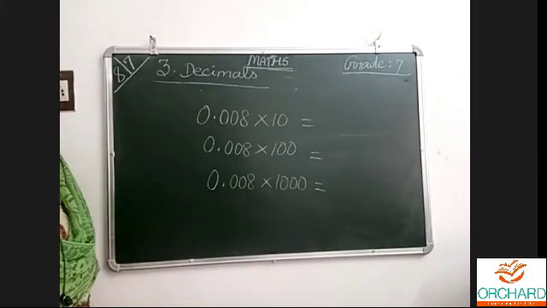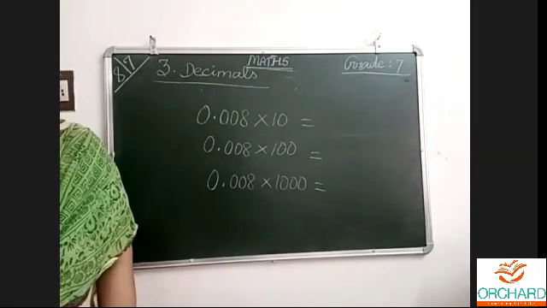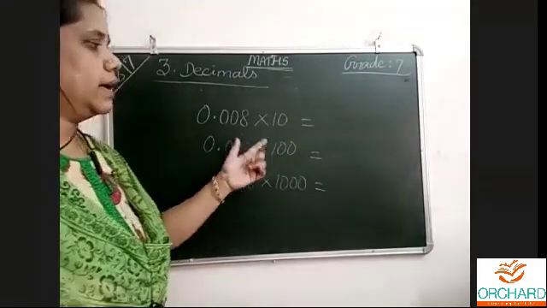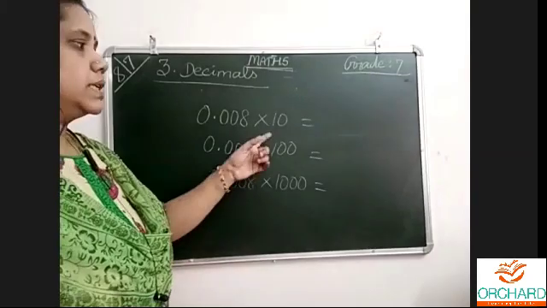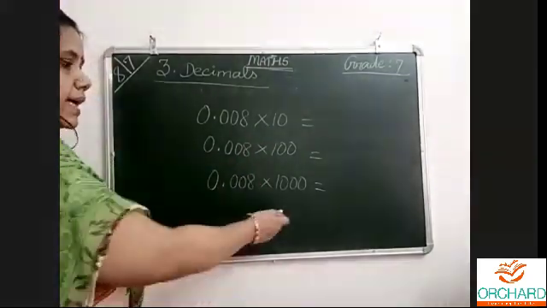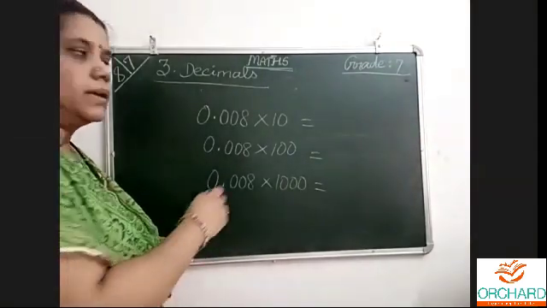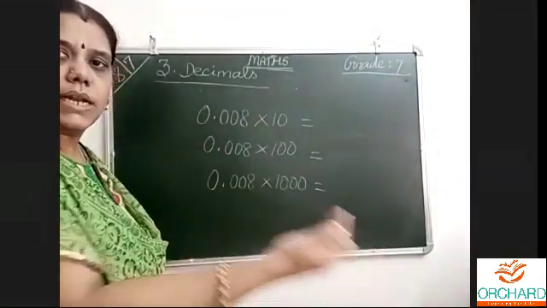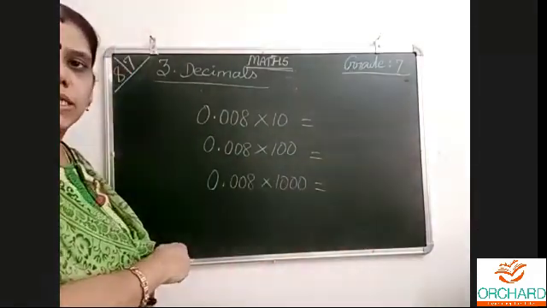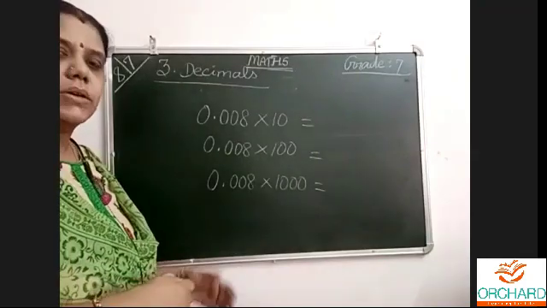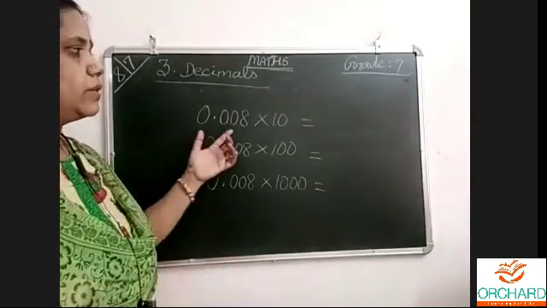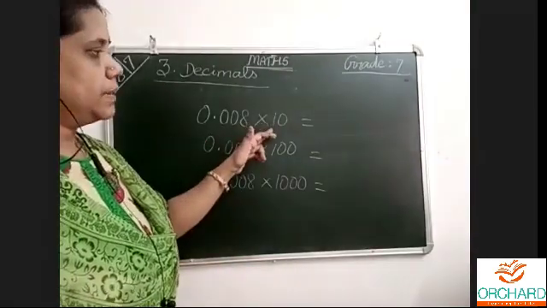Now we have to see how it works when we multiply by 10. Just before this I told you by dividing. When I divide by 10, how the point moves from the last; by 100, by 1000, I told. Why did I tell division first? Because it is a decimal fraction type. So first we have seen that. Now we will see multiplying by 10.